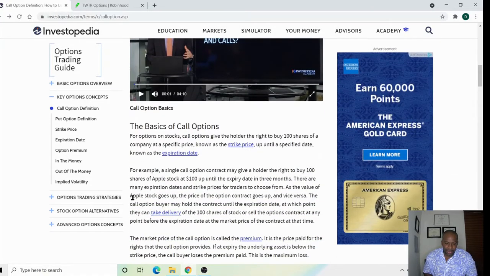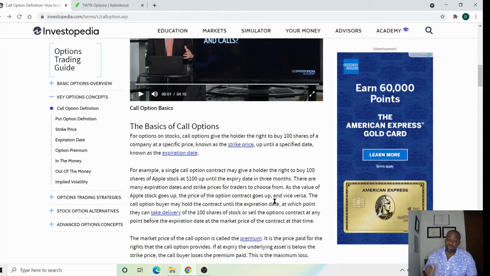Okay, really quick. For example, a single call option contract may give the holder the right to buy 100 shares of Apple stock at $100 up until the expiration date in 3 months. There are many expiration dates and strike prices for traders to choose from, and I'll show you that in a second. As the value of the Apple stock goes up, the price of the option contract goes up.